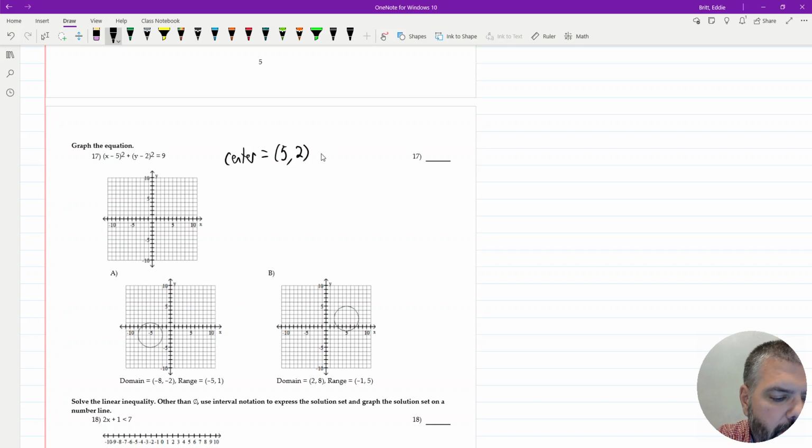And the radius is the square root of 9, and the square root of 9 is 3. So if you go to +5, +2, and then you go right 3, up 3, down 3, and left 3, this is all from the center. Then you can draw your little circle right there. And it doesn't have to be perfect. And you have two to look at. Well, which one of these is a circle in the same position as this one right here? All right, so it's B.